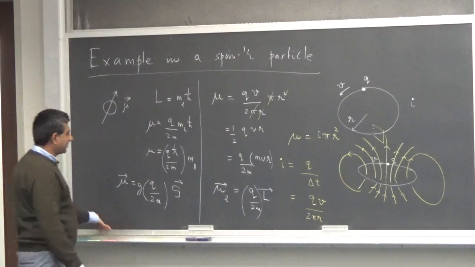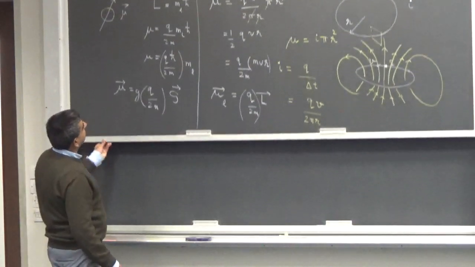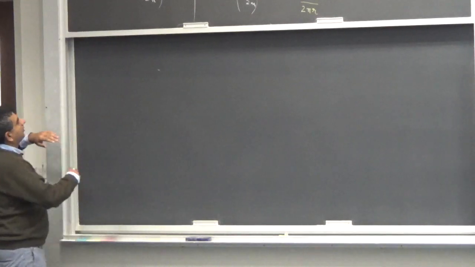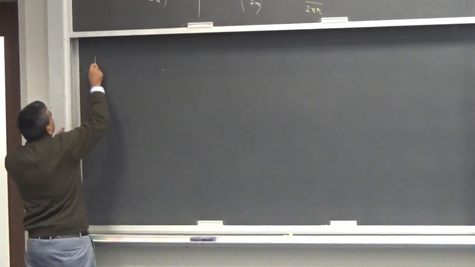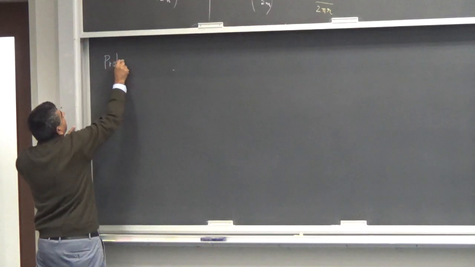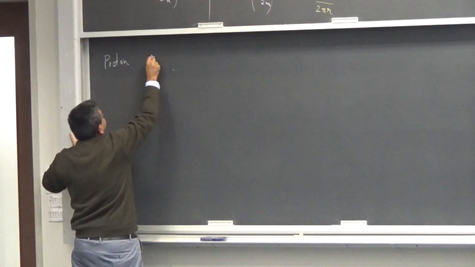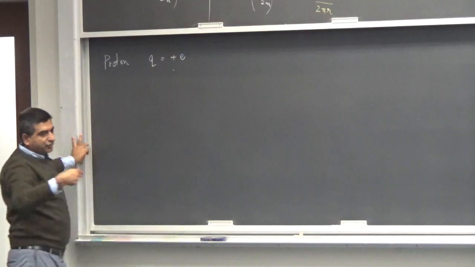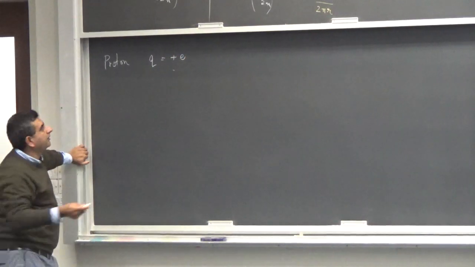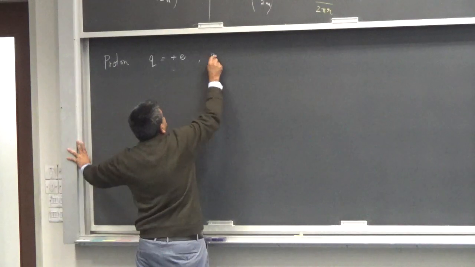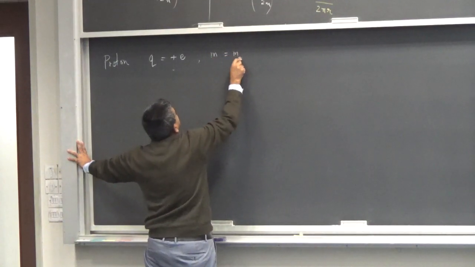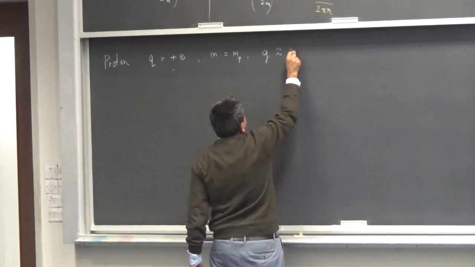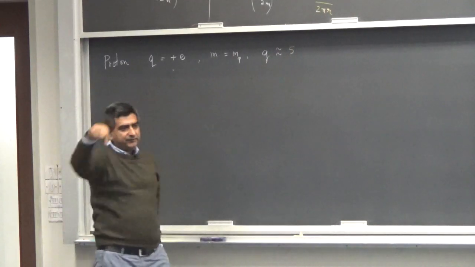So for an electron, by the way, let's focus, say, on a proton. For a proton, Q is plus e, where e is the charge on the proton, and m would become the mass of the proton, and g comes out from spectroscopy experiments to be almost equal to 5.